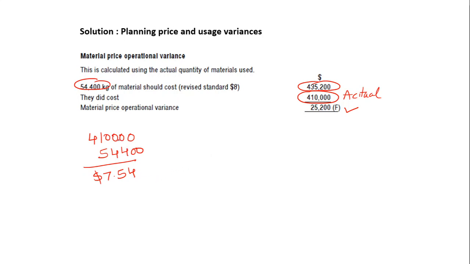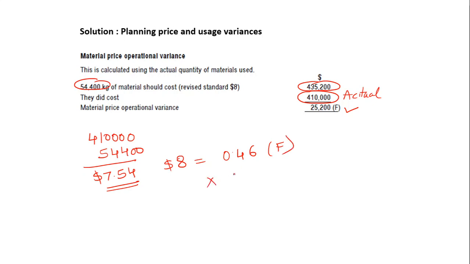So as per our actual, this is what we have actually paid per kg, whereas what we were supposed to pay was $8. So the difference between this is roughly 8 minus 7.54, you get 0.46. And this is the savings that we have because we actually spent less than $8. So this is going to be favorable.